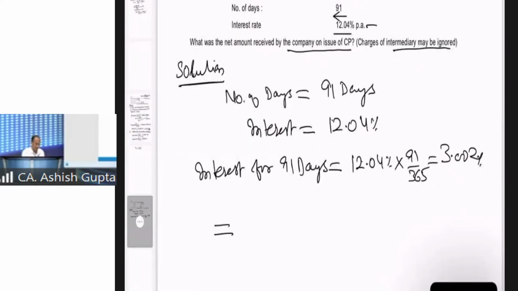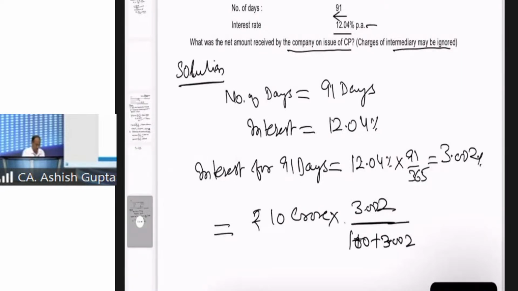Accordingly, the discounted value will be 10 crore into, okay, so this will be the interest amount.